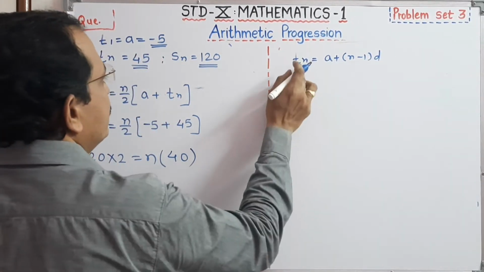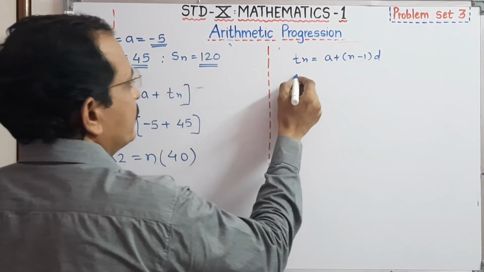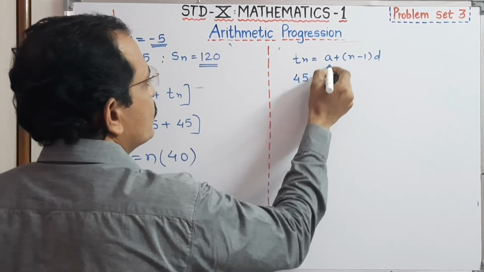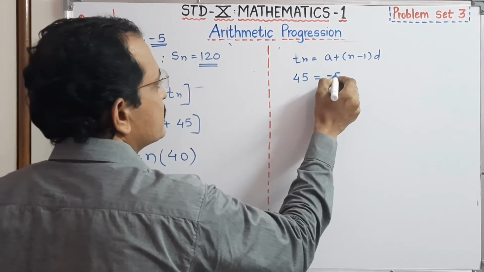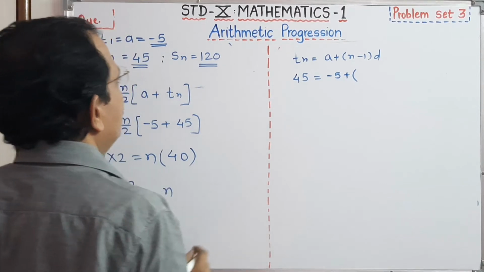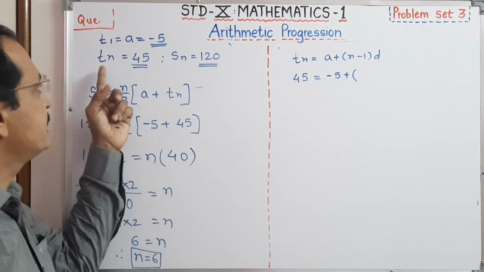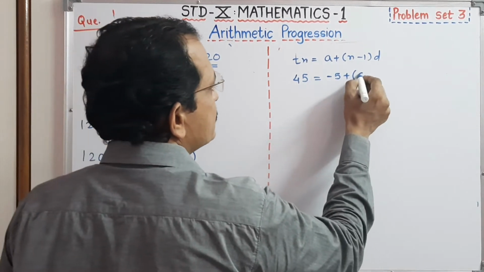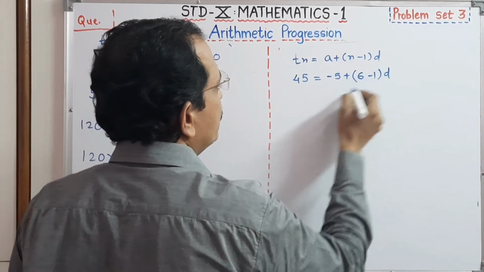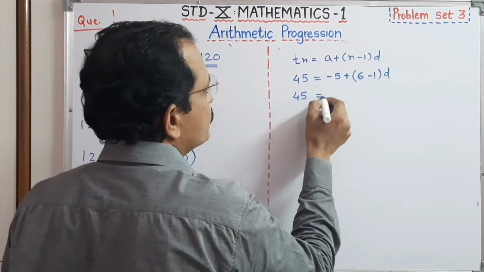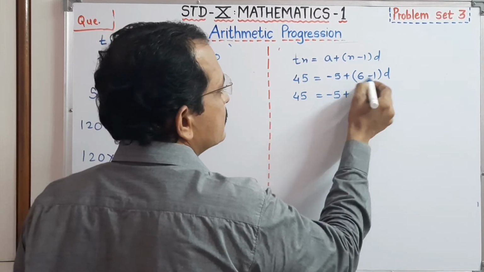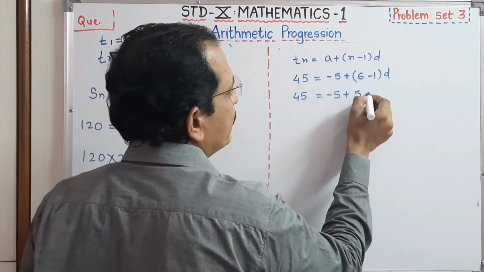Now Tn is how much? 45 is equal to a, the first term, minus 5, plus n. Now dear student, we know that there are in total 6 terms, that is, Tn is the 6th term. Therefore 6 minus 1 into d. Therefore 45 is equal to minus 5 plus 5d.